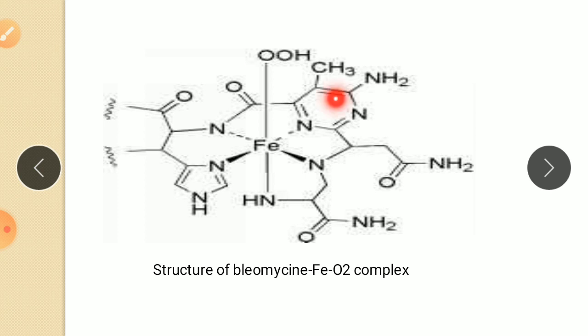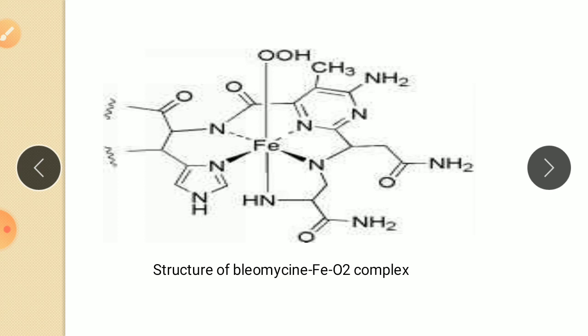So there is formation of this complex, bleomycin Fe2+, and then it inhibits the DNA. Here also there is formation of free radicals, reactive oxygen species, superoxide and hydroxide free radicals, which initiate single strand breakage of DNA. So it also affects DNA synthesis.